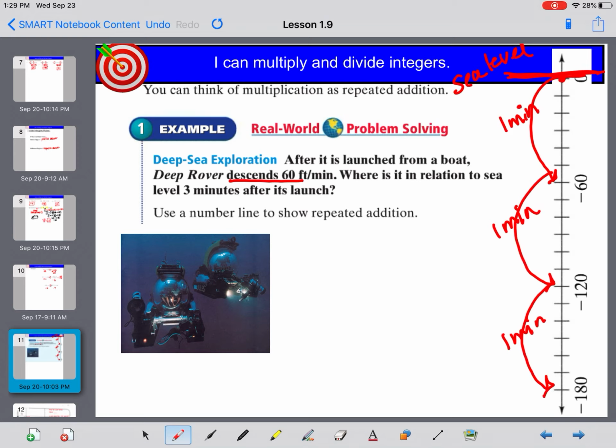So you can see from our number line that when we solve the math problem, we should be at negative 180 feet. So what does that look like represented by numbers? It would be 3 groups of negative 60. 3 times 60 is 180. Positive times negative is negative 180 feet.